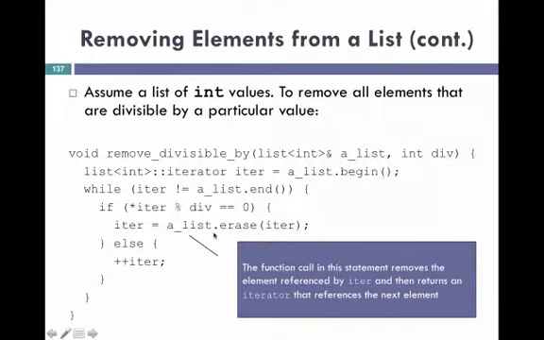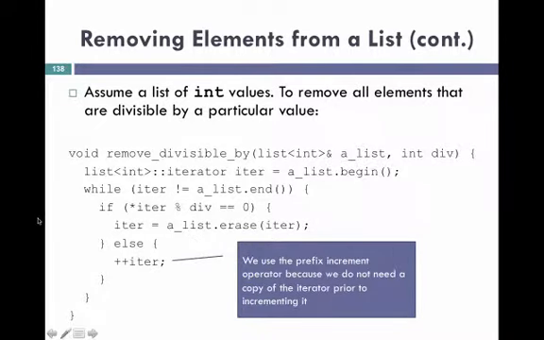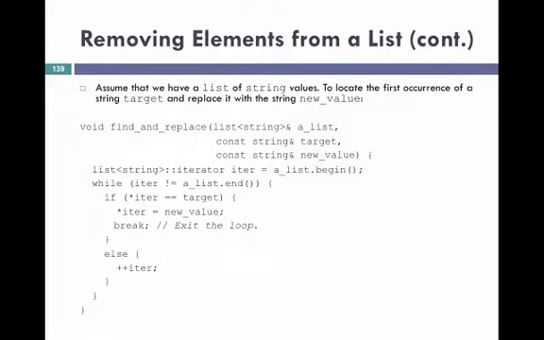And this function returns an iterator that references the next element. And then we can use the prefix plus plus because we don't need to copy the iterator prior to incrementing it. Now, removing elements from a list.